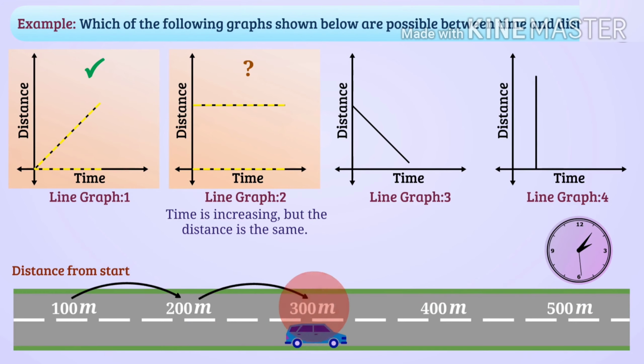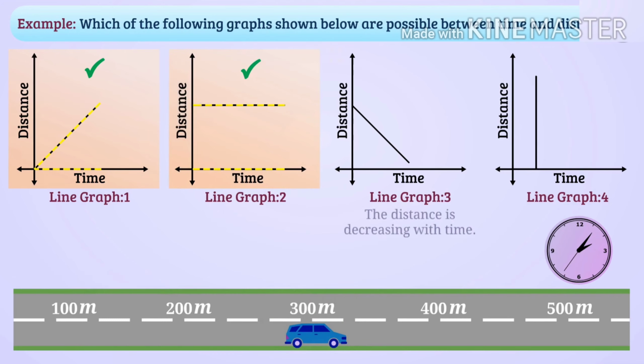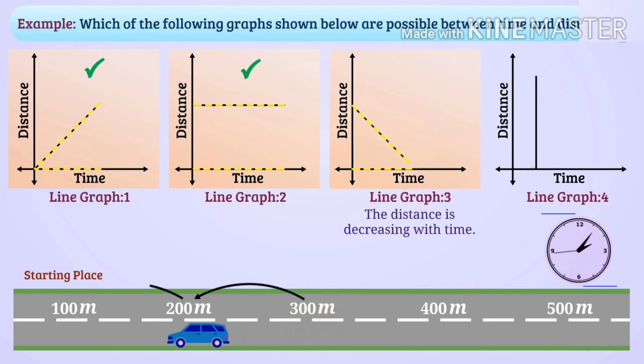Yes, time is going on, but maybe the car is held at some point. So the second one is also possible. In the third one, the distance is decreasing with time. So maybe the car is traveling back to the starting place with time. So this graph is also possible.